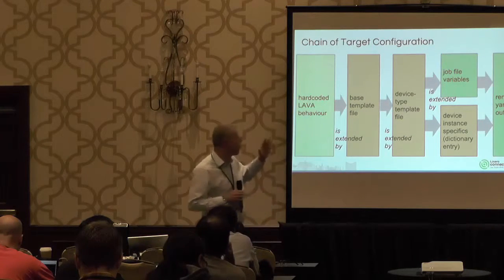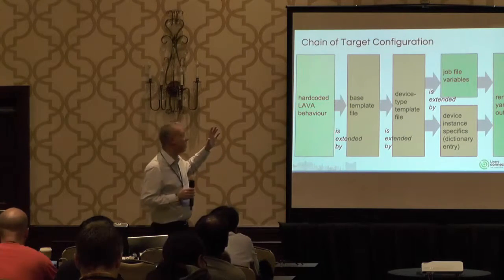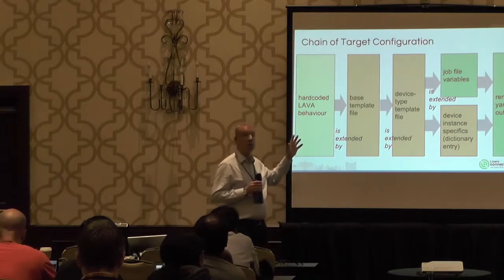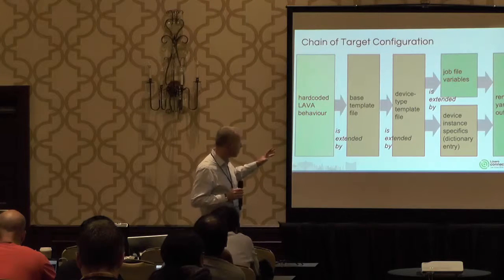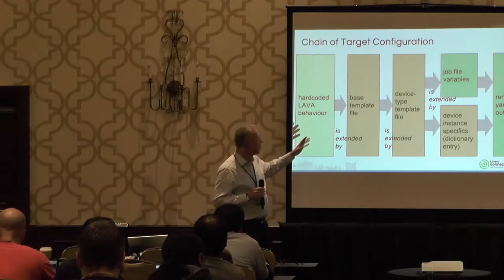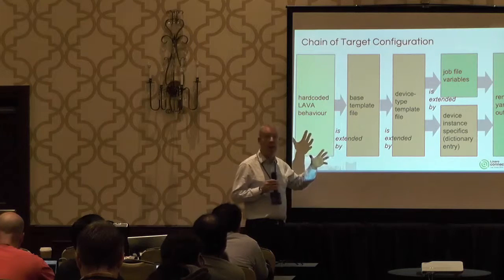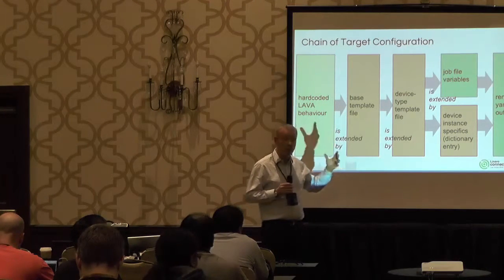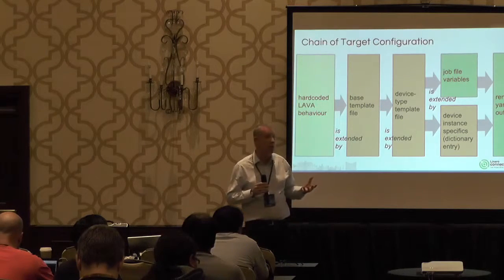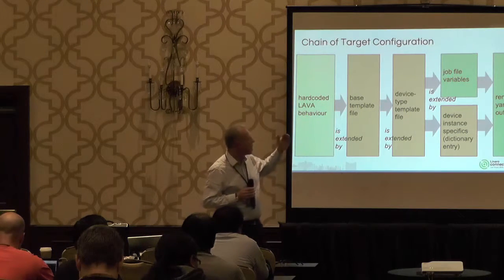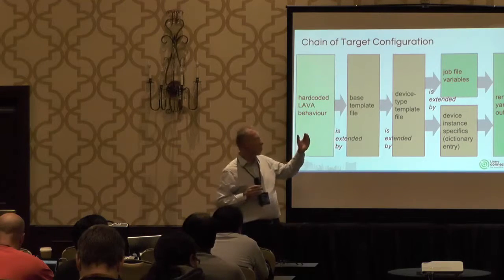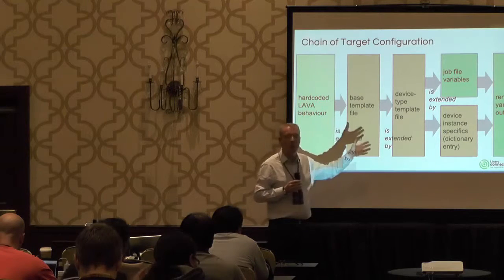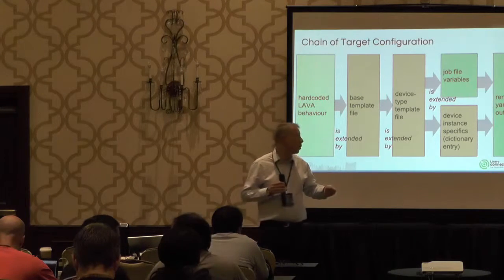And actually, those categories that I listed map onto how LAVA represents target configurations internally. It has hard-coded behavior. It has a base template of behavior common to many devices. It has device type templates, so behavior for a particular device type, like QEMU. And then ways that behavior can be influenced by the job file, and ways that can be influenced by a specific device, like which serial port it has.